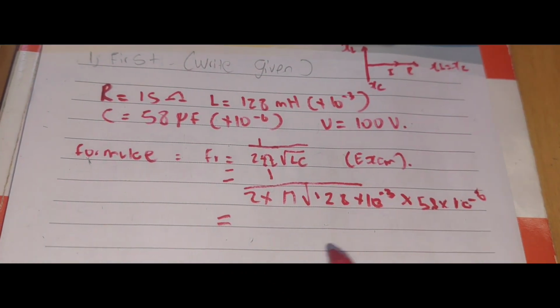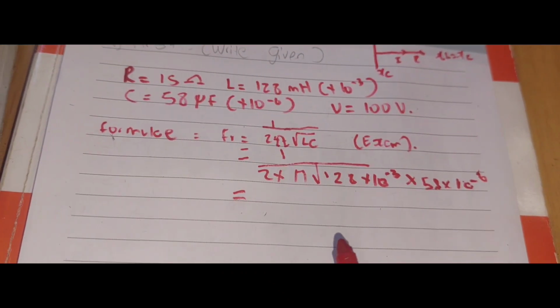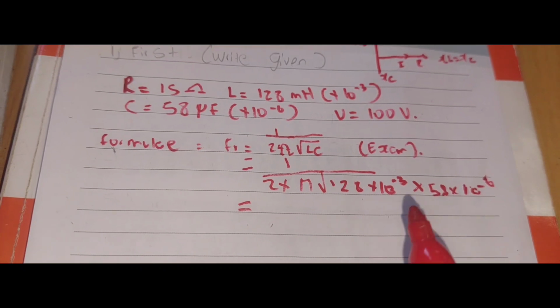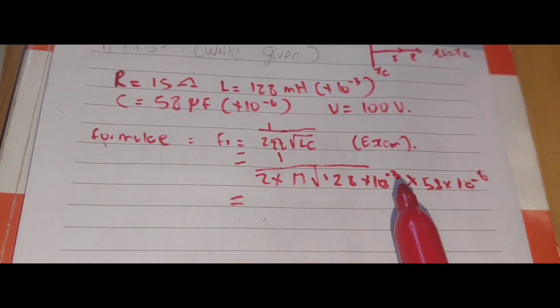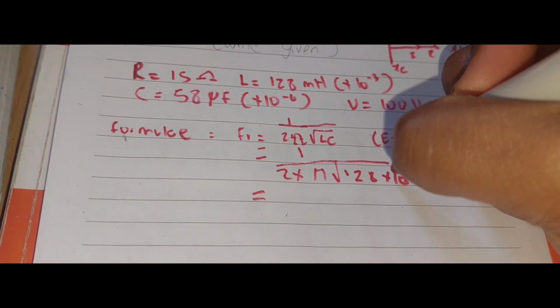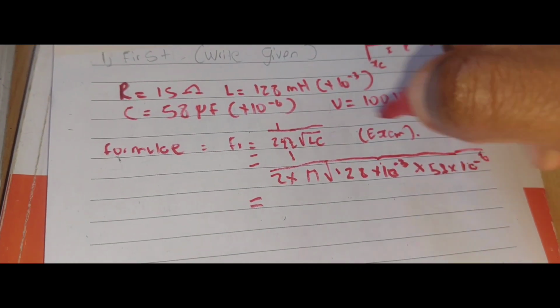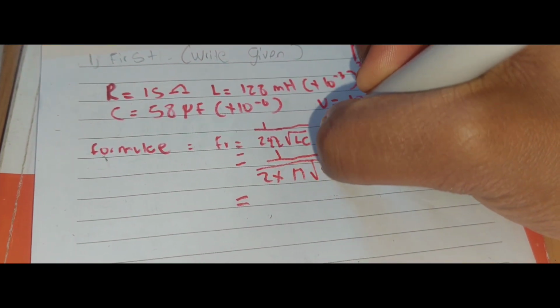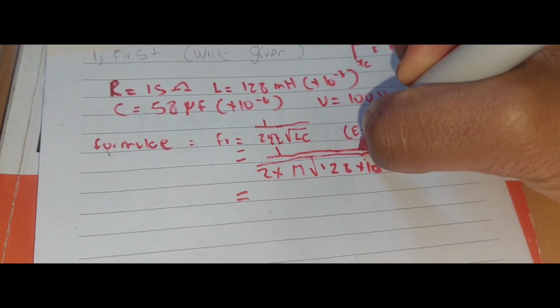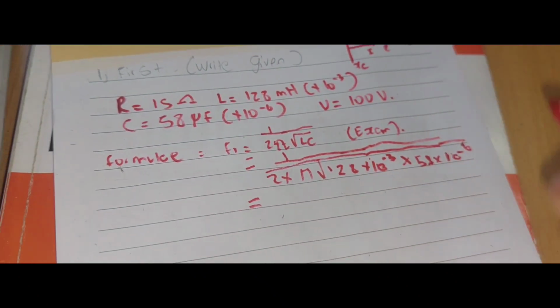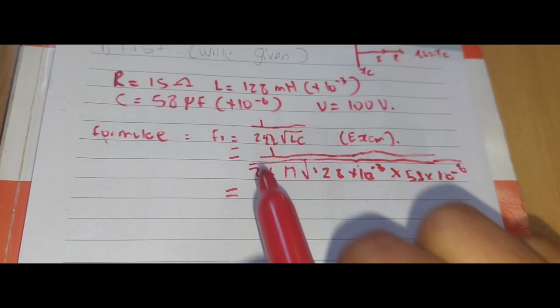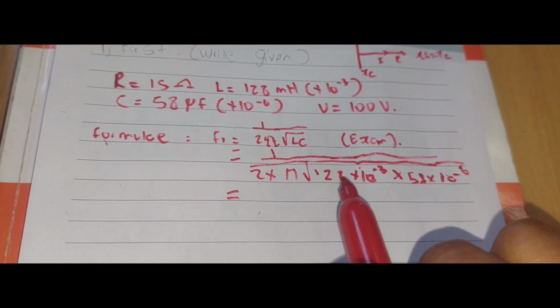Okay guys, calculators from there on. Let's try to calculate it. It's 1 over the whole thing, guys. Calculators, let's try to calculate it.